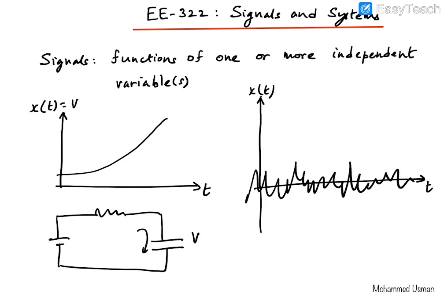Okay, and we could also have other examples of signals. For example, let's say we have height as the independent variable and the wind speed as the dependent variable. So how does the wind speed change with altitude?